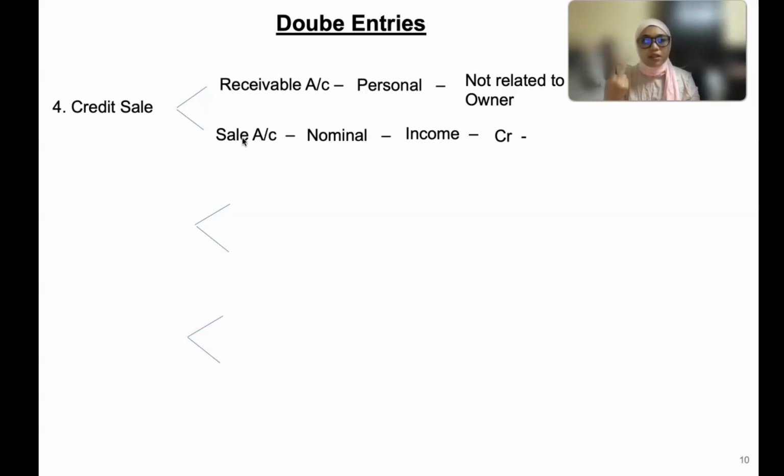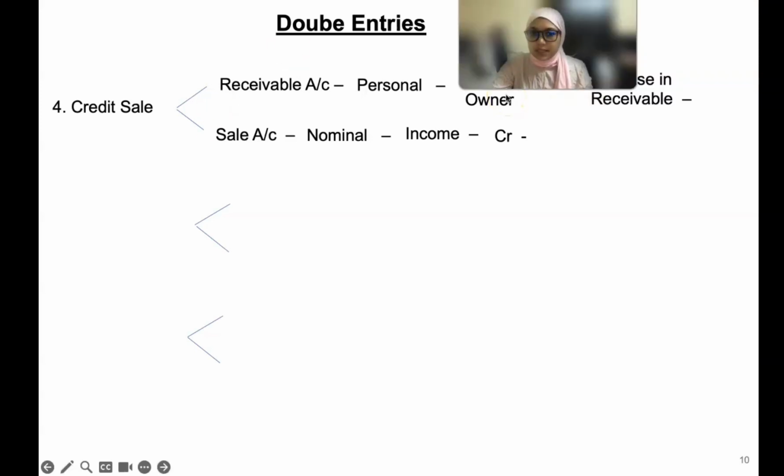This is not capital, this is not drawing. This is credit sale, so it is not related to owner. Because of credit sale, our receivable account is increased. Before the credit sale, we had zero. Now we sell on credit to our customer, so we need to record on the debit side.